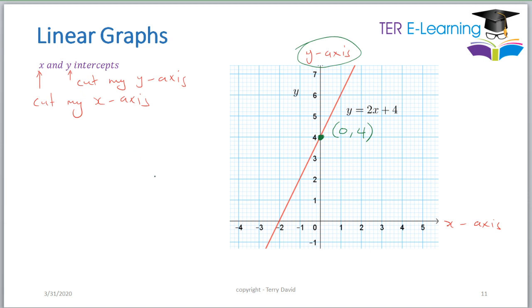Now, what I want to know now is what is my x-intercept?